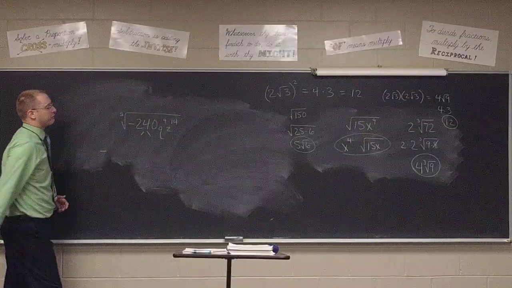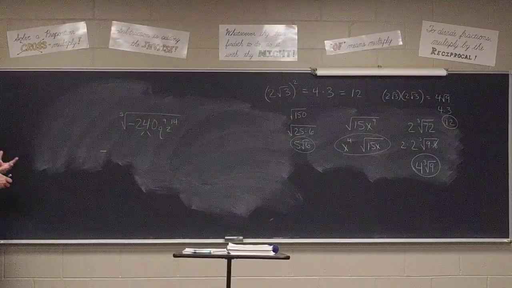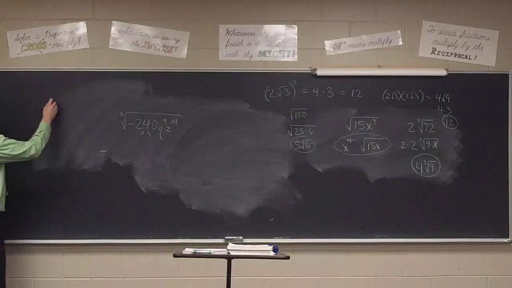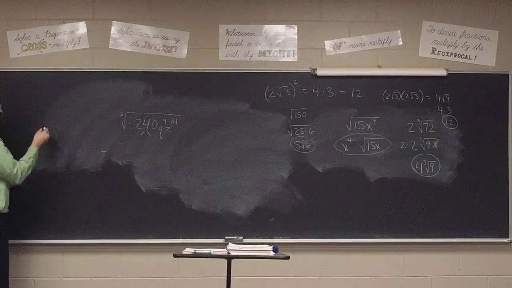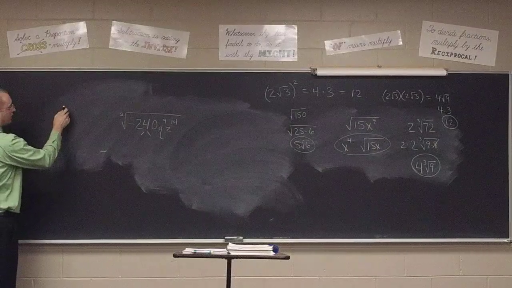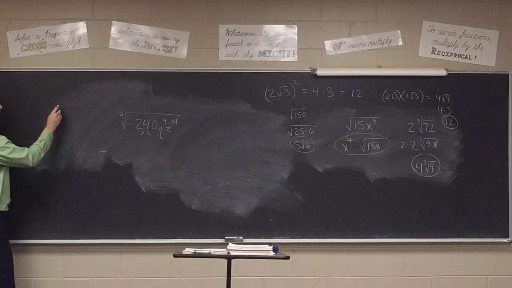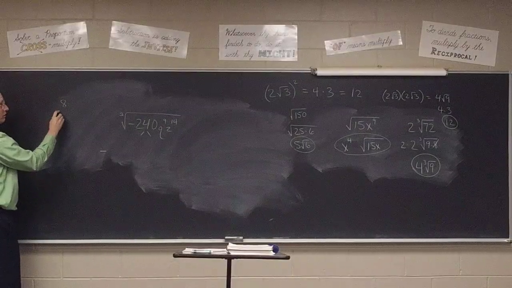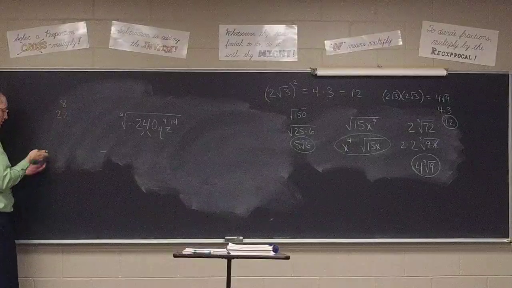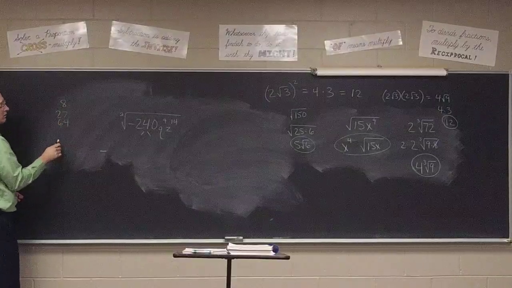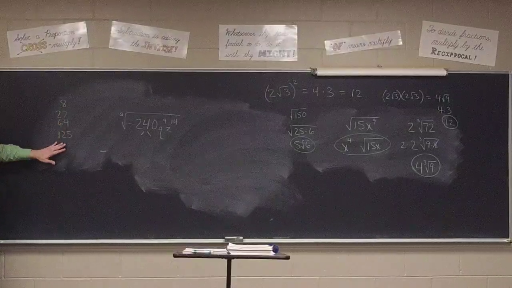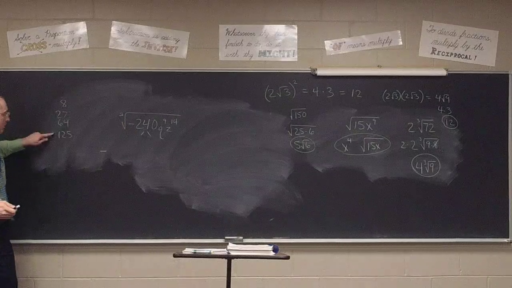Let's also factor 240. Now let's think about our cubes for a minute. What are some of our cubes? 9's not a cube, that's a square. 2 cubed. 3 cubed. 4 cubed. 5 cubed. And so on and so forth, right? This is already bigger than half, right? This double would be 250.